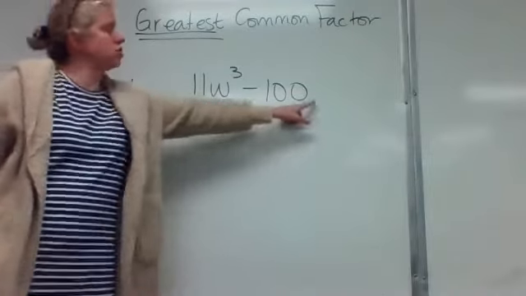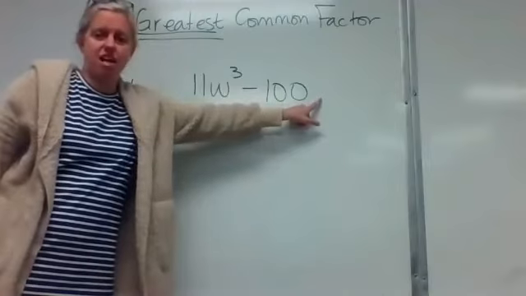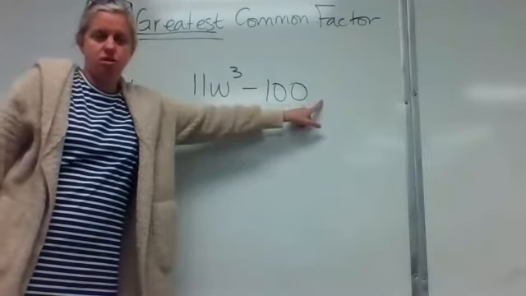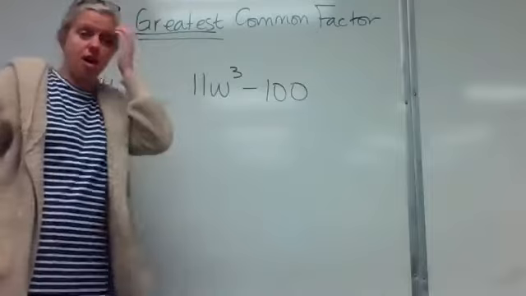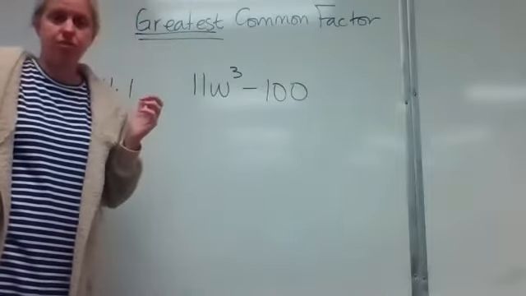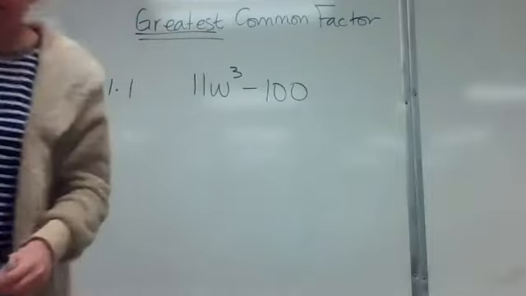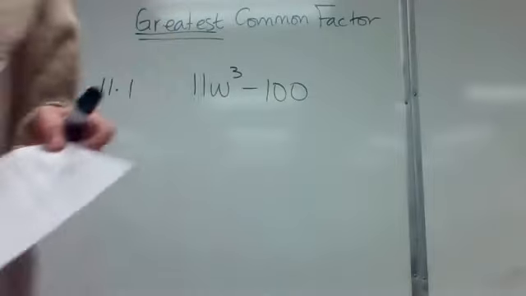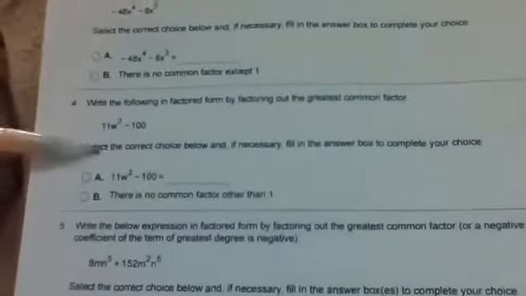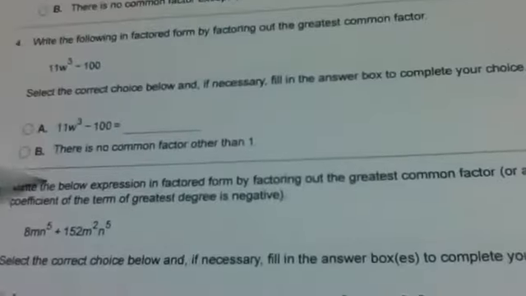This one has w to the third. This one doesn't have any w, which means they don't have any w in common either, which means if you're looking at your options, you would check this B option, right?